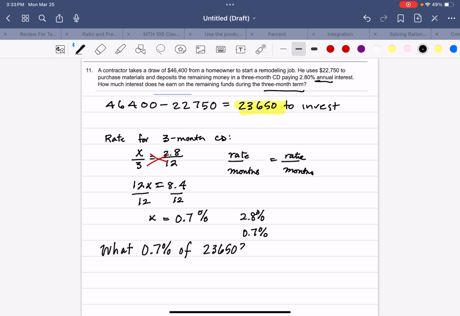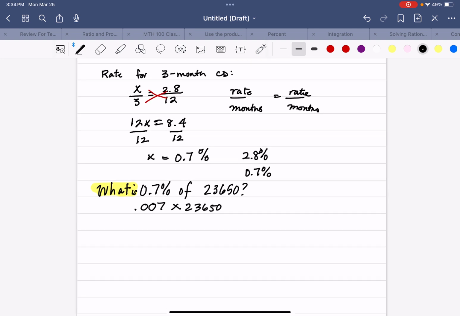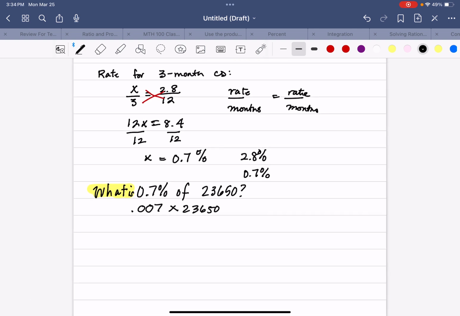$23,650. Now again, we can do this by shortcut because there's the word is in there. The is part is missing. So you could just move the decimal 2 places to the left and multiply times 23,650, or a more uniform way, which works every time, not just for the what part, but for the of part, is to say percent over 100, right?